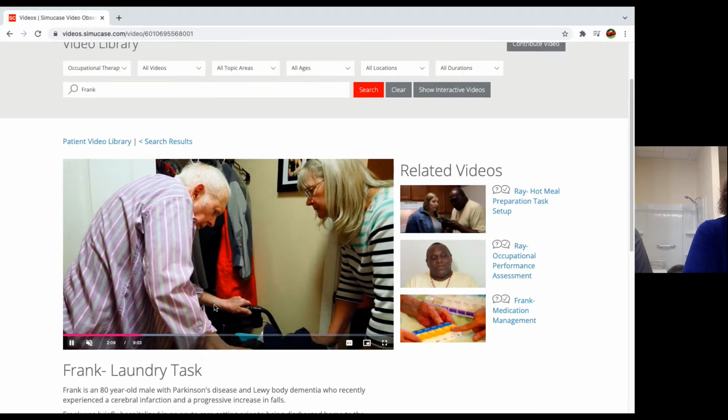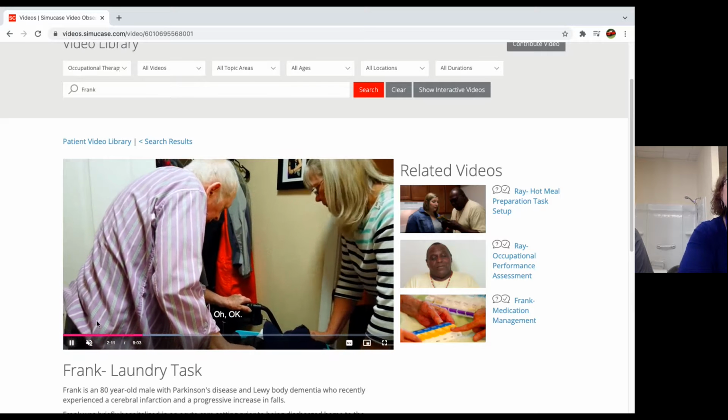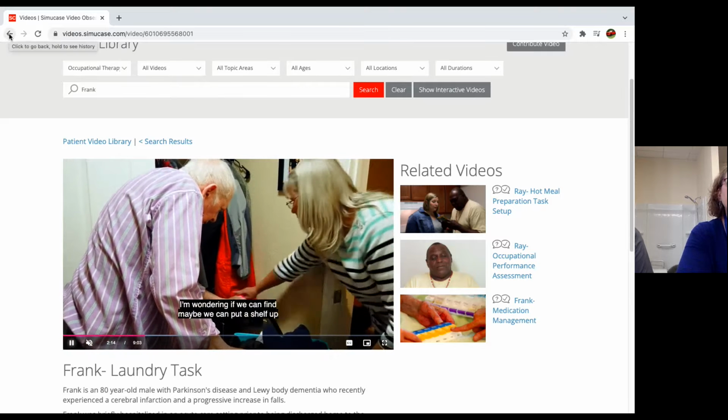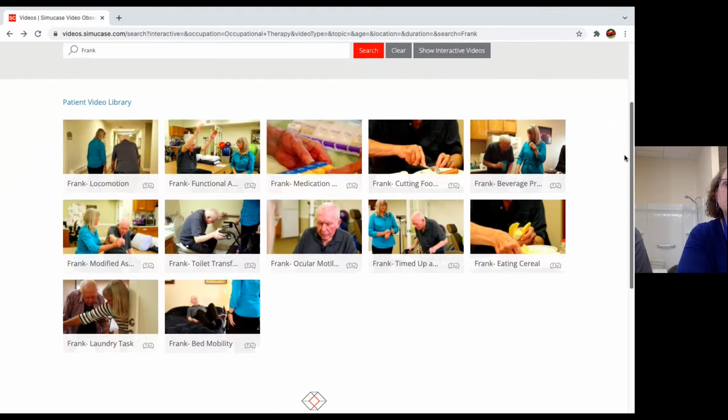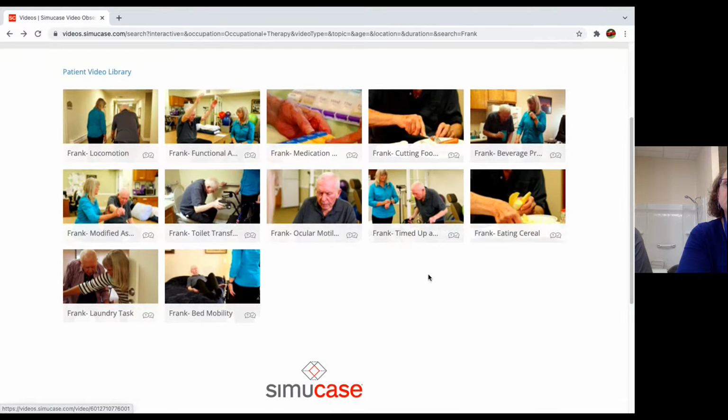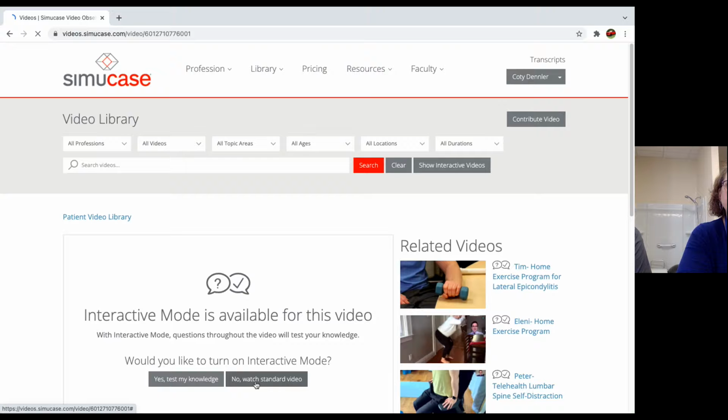We had just done standardized assessments the week before, and fortunately with Frank, one of the assessments that we used was the Timed Up and Go. I introduced the Timed Up and Go along with the TULIA for apraxia, the Mini Mental exam, and the Purdue Pegboard. We practiced on each other in the class, but whenever I could show them Frank doing the Timed Up and Go, the class just really lit up.